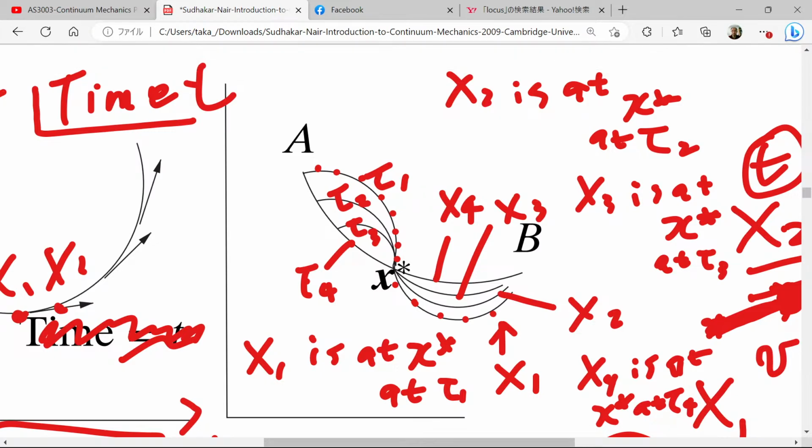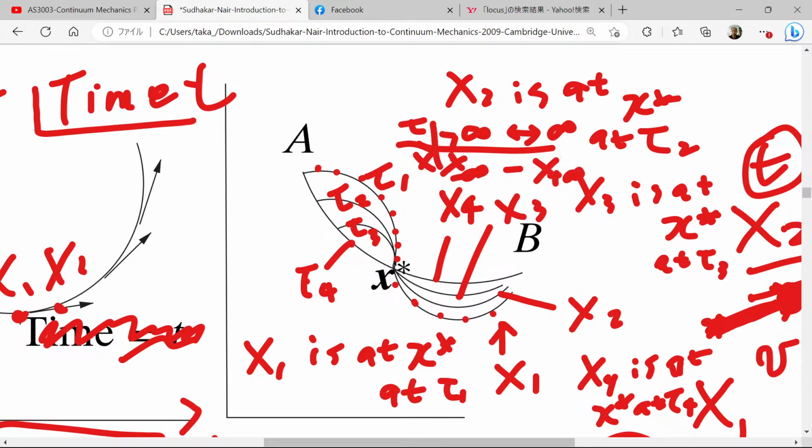Then if you change tau from minus infinity to plus infinity, you can collect all particles. Each tau gives you a particle, so you can find particles from x minus infinity to x plus infinity.